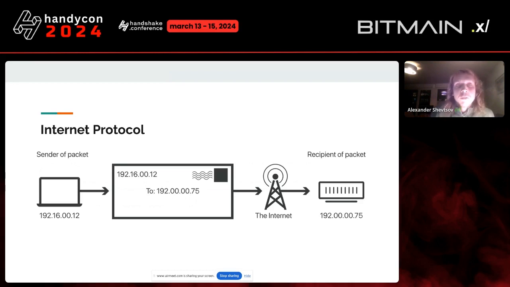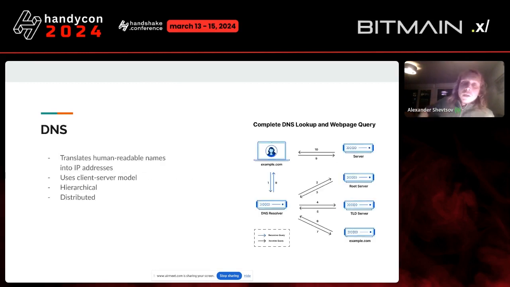And we humans are not particularly good at remembering numbers, entering them, especially when they are constantly changing. So in order to effectively browse websites, people have developed the DNS, the domain name system, which effectively translates human readable names into IP addresses that can be further utilized by computers to retrieve the needed information and to send it.